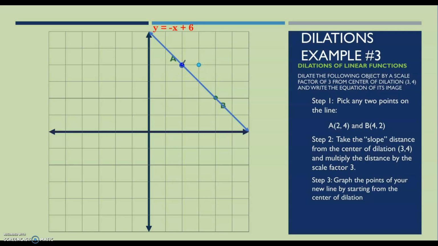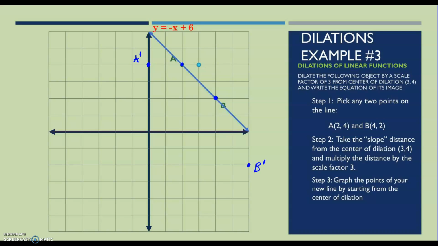I pick point A and point B. Those are points of convenience. You could use other points as well. Just to save myself a little bit of time, these were the points I got from the previous example. They're the exact same points.